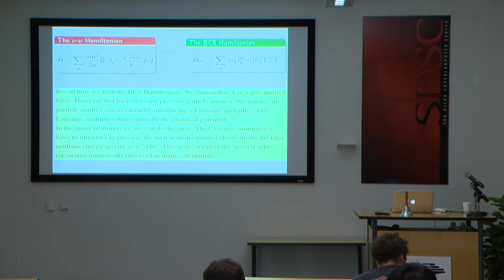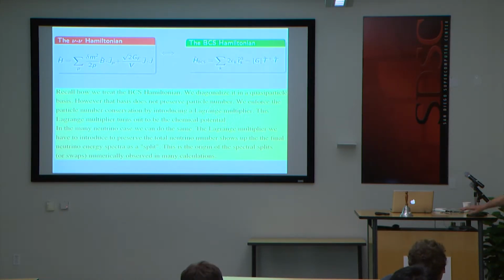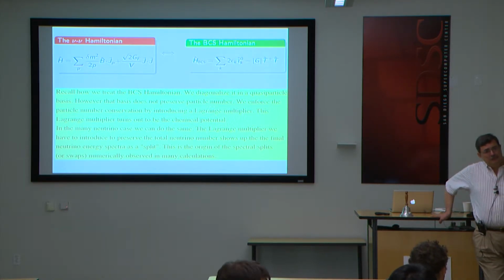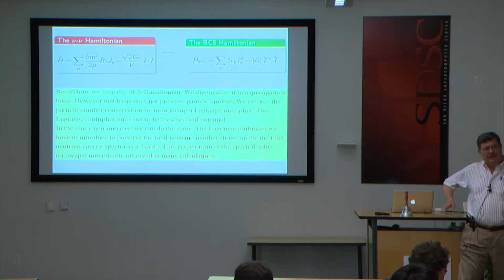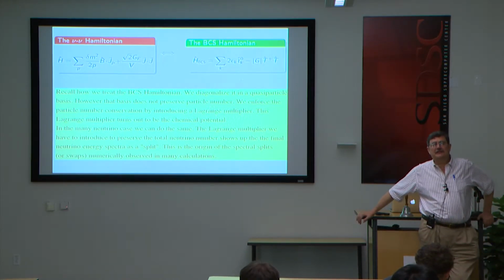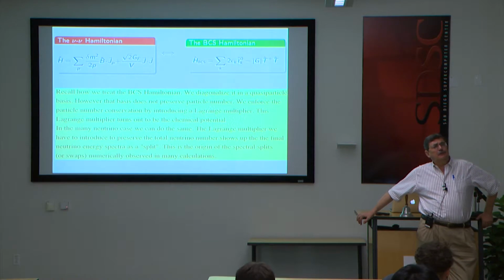Nambu, who basically invented the spontaneous symmetry breaking idea, came up with this. If you were not here during my first lecture, if you write down the Dirac matrix, well, let me give a more physical argument than that. Let's say that you have fermions.